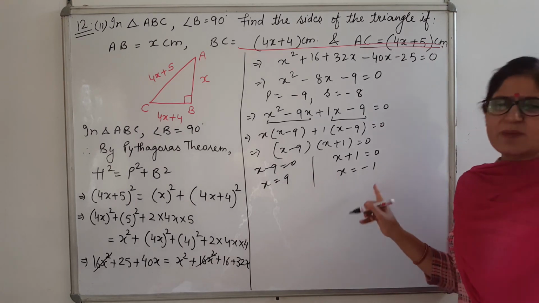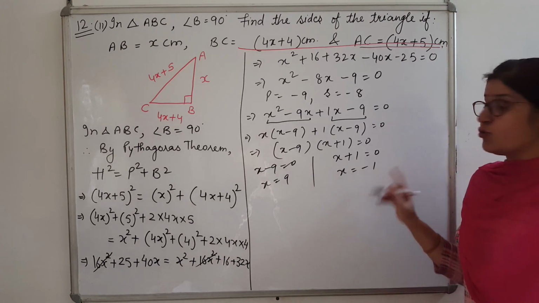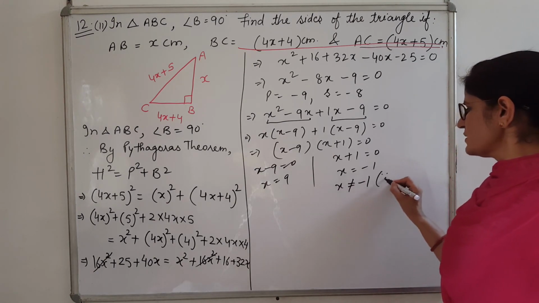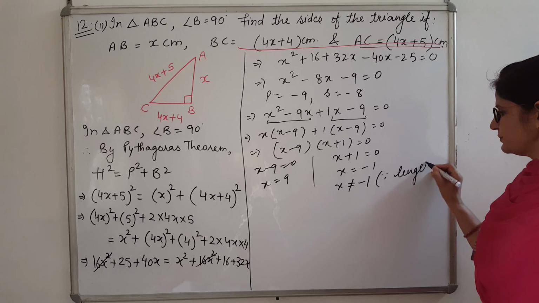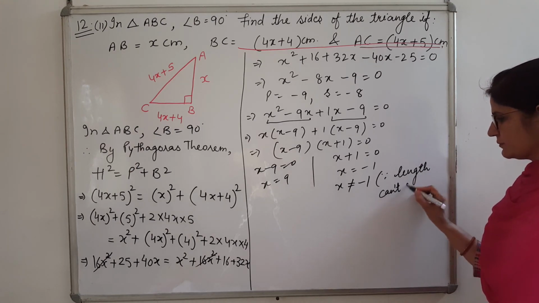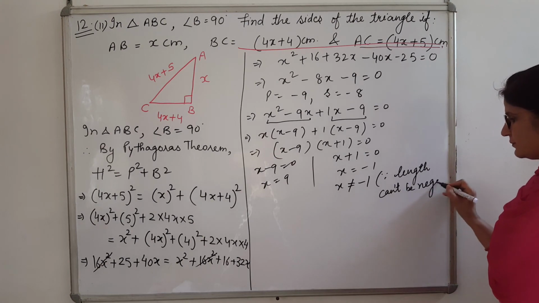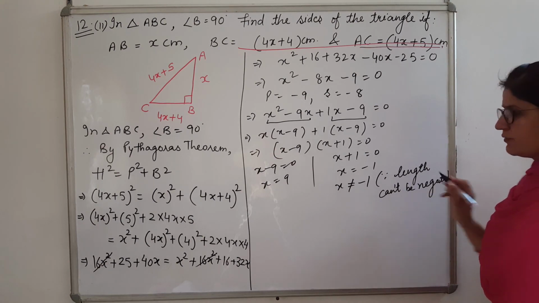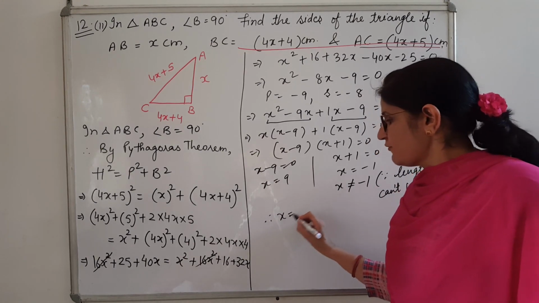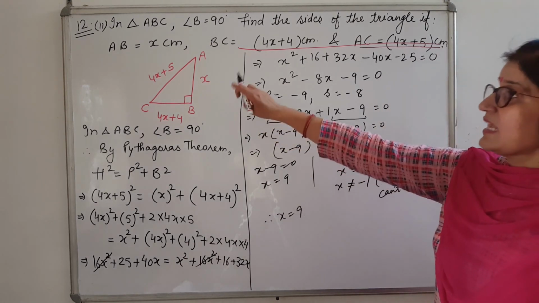Can you take x value minus 1? No. X can't be minus 1 because length can't be negative. So we will take x equal to 9 and find the lengths. What is AB?